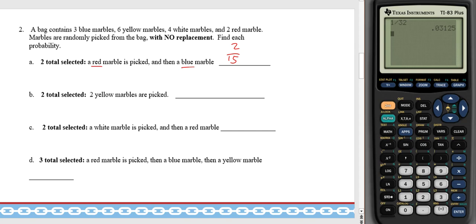So a red marble would be a 2 in 15 chance. And then follow that up with a blue. There's 3 blues, but there would only be 14 marbles left in the bag then. Okay, so that would be a 6 out of 15 times 14, 210 chance.